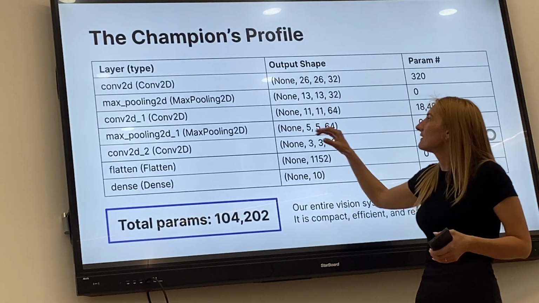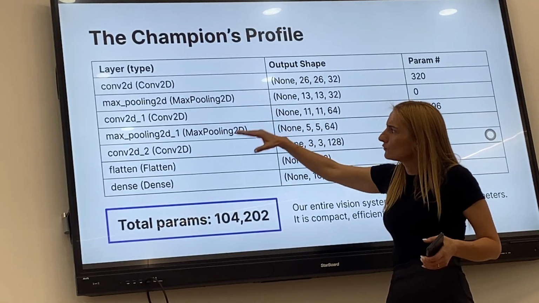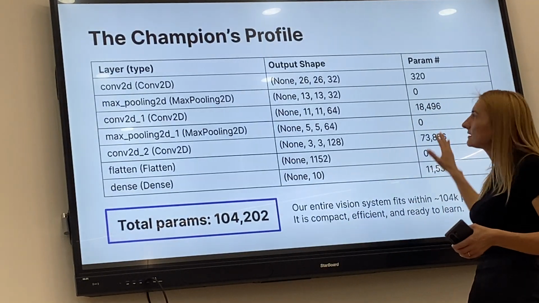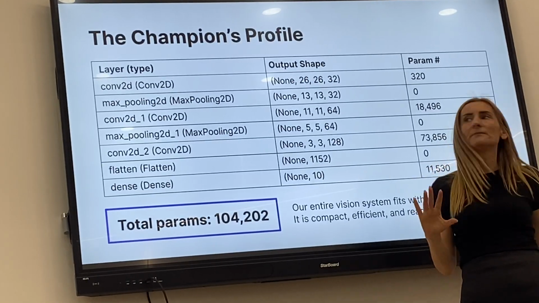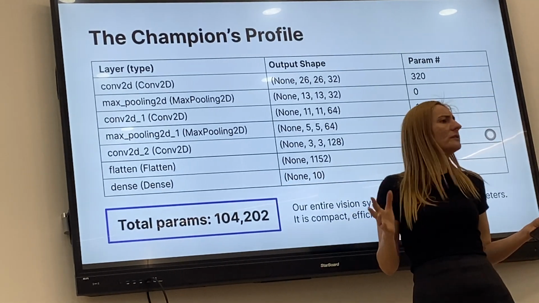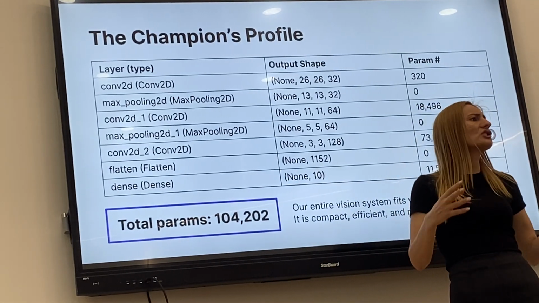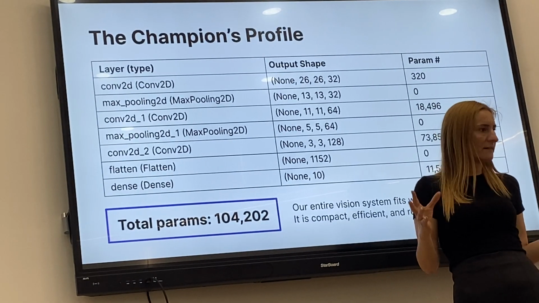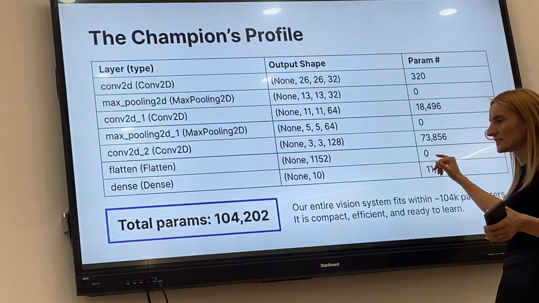And you see that in the two max pooling layers that we have, the total number of parameters is equal to 0. The same happens in the flatten layer, because I'm not doing any processing at all, just reshaping it, so there is no learning going on. I don't have any parameter to estimate, so it will be equal to 0.